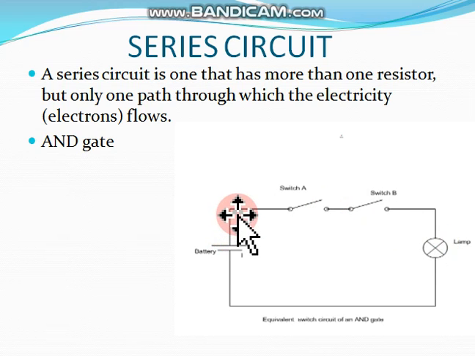So there's only one path here which these electrons will have to flow through and reach the bulb to light it. But if these two switches are open, power won't pass through, hence the lamp won't go on. So it's a series and it only has one path.